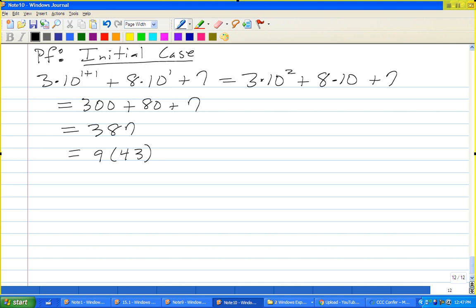And so this is equal to 9a, where I've let a equal 43, and of course 43 is a natural number. So thus I've shown the initial case. Let's do the induction case.